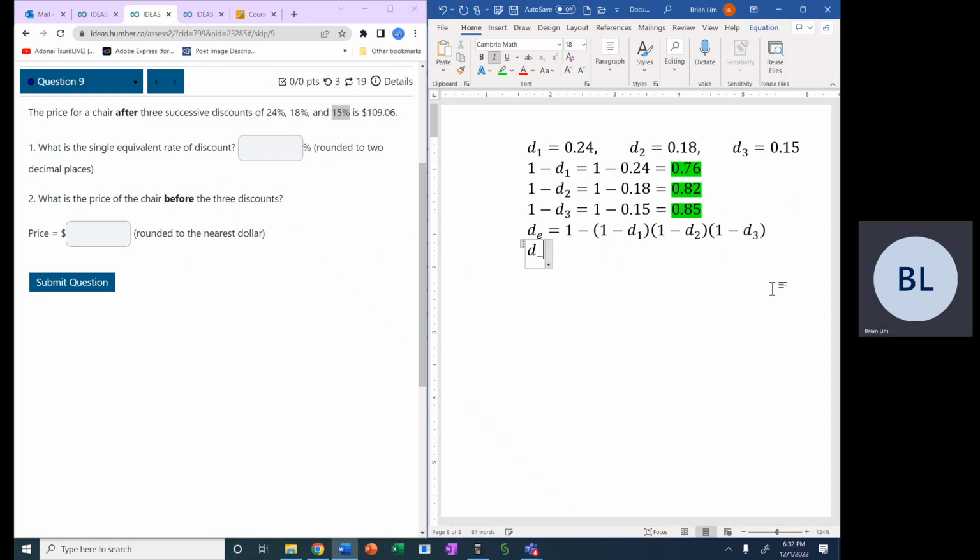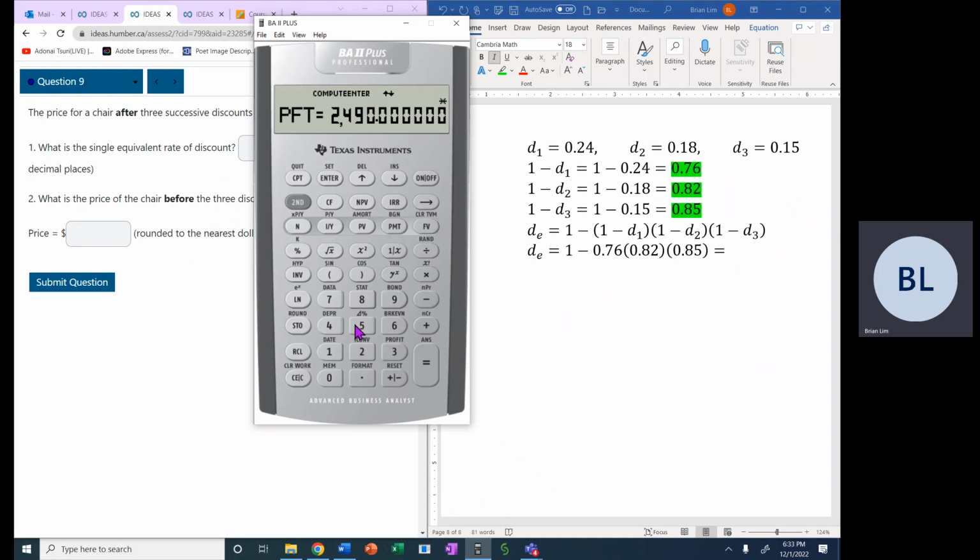That is equal to 1 minus, so 1 minus D1 is 0.76, multiplied by 1 minus D2, which is 0.82, and then multiplied by 1 minus D3, which is 0.85. Let's get the calculator.